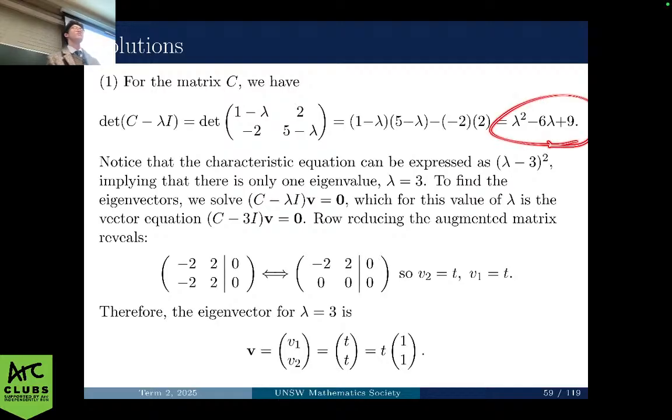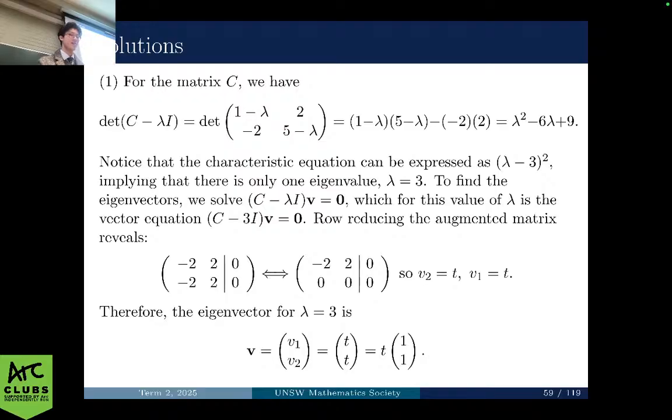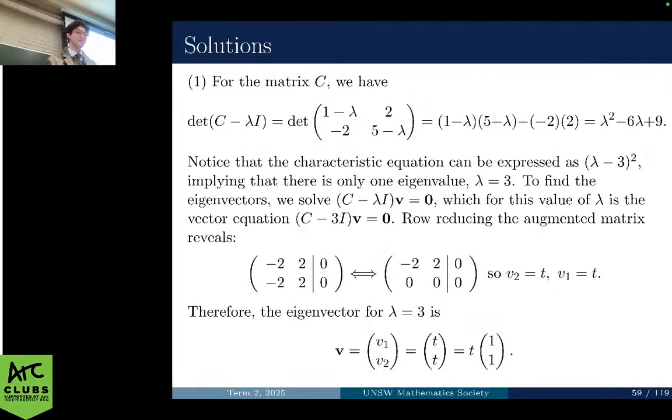Generally we would want two eigenvalues if we want linearly independent eigenvectors. This resolves to lambda minus 3 squared, so lambda equals 3 is almost like a root of multiplicity 2. There's only one eigenvalue here, and so the eigenvectors are not linearly independent. So you cannot diagonalize this matrix.